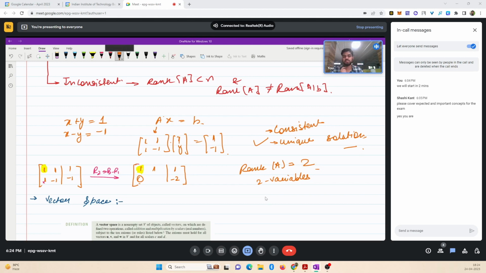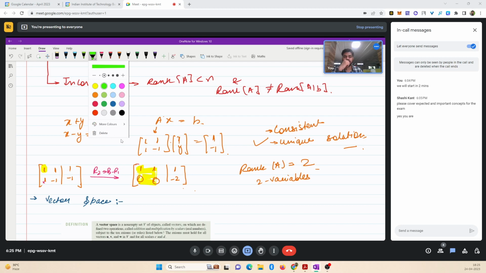What I was saying is, if I had -2 over here, in that case we came to the inference that we have a unique solution, right? Let's say for some example, we came up with a matrix so that we had 0 over here. Now if you look at the part where we have matrix A, then we have only one pivot element, that is this one.